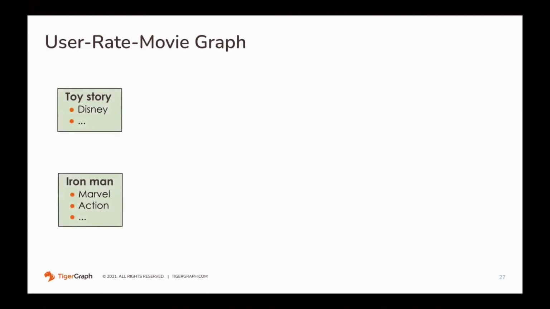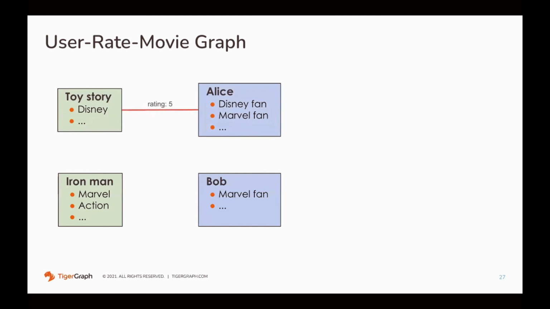So to go over an example, I'll take a user rating movie graph. Here it shows a very simple graph where we have two movies, Toy Story and Iron Man, and two users, Alice and Bob.